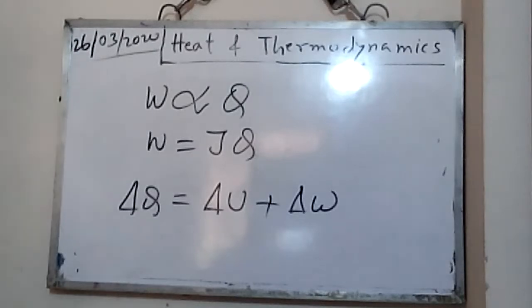Simplifying these sentences, in other words, we can say that it is not possible for heat to flow from a colder body to a warmer body without any work having been done to accomplish this flow.